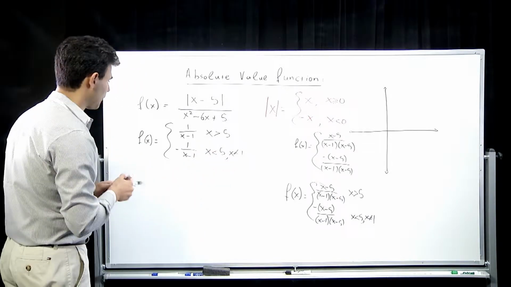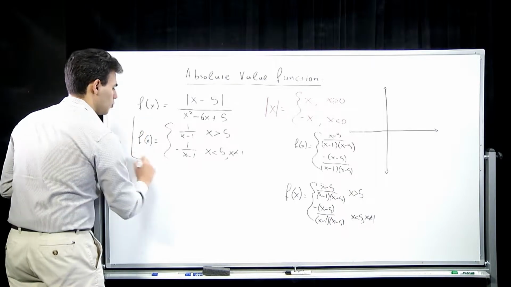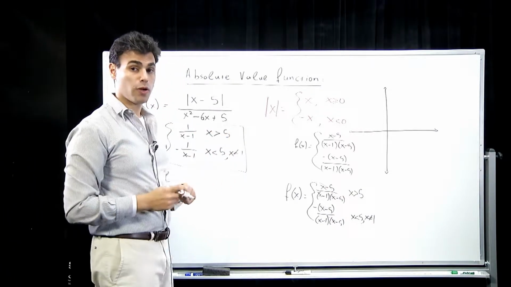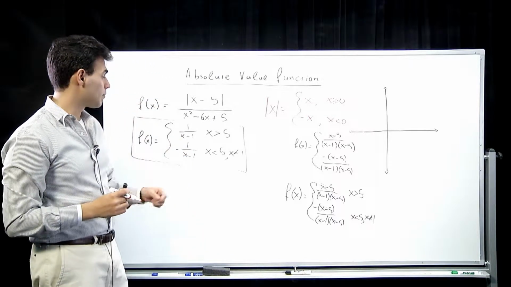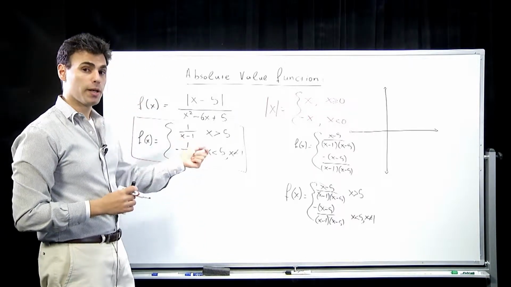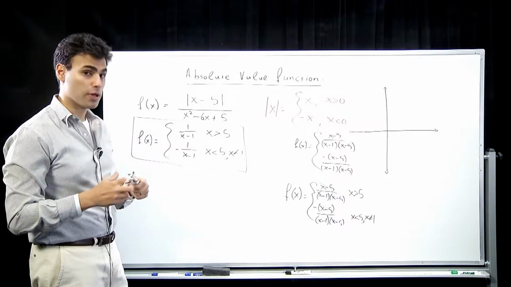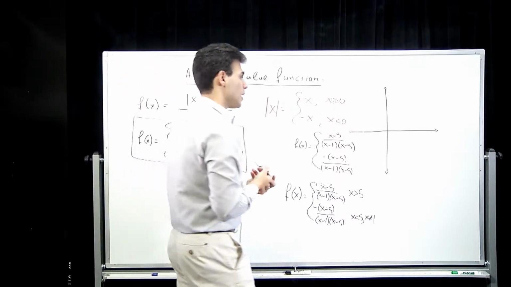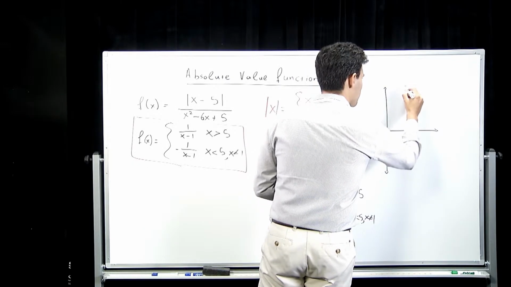All right? Your task then would be to graph this. We want to go over there in the graph and graph these two pieces. I noticed that x equals 1 is a vertical asymptote. If you want to check vertical asymptotes, look at the corresponding module. So x equals 1 is a vertical asymptote, and I will graph it here.